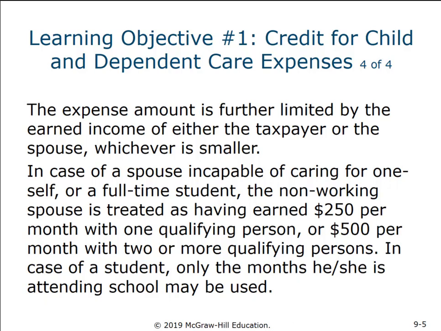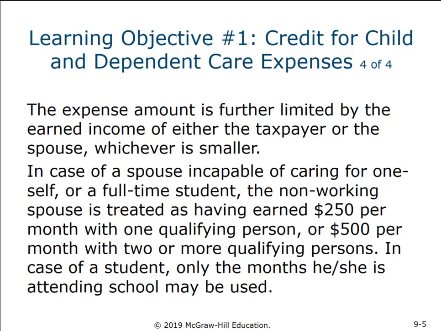So if one spouse is working, okay, the other spouse doesn't have any wages or earned income, but is a full-time student, we're going to treat them as if they got income of $250 if they have one child, or $500 if they have two children per month that they are a full-time student. In months they're not a full-time student, it doesn't count. And so that becomes the limit, because they're obviously going to be the lowest earning spouse, because we're treating them that way.